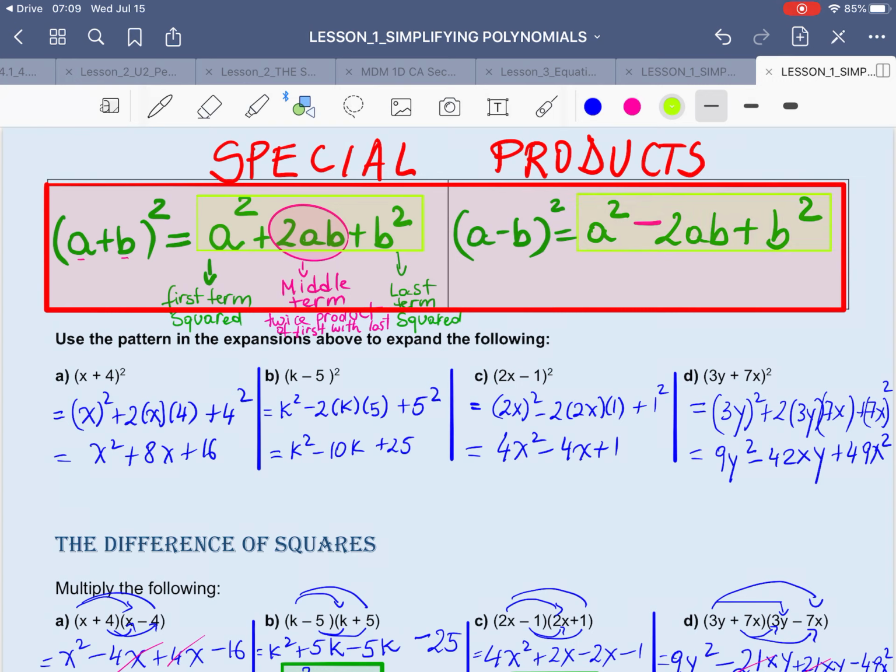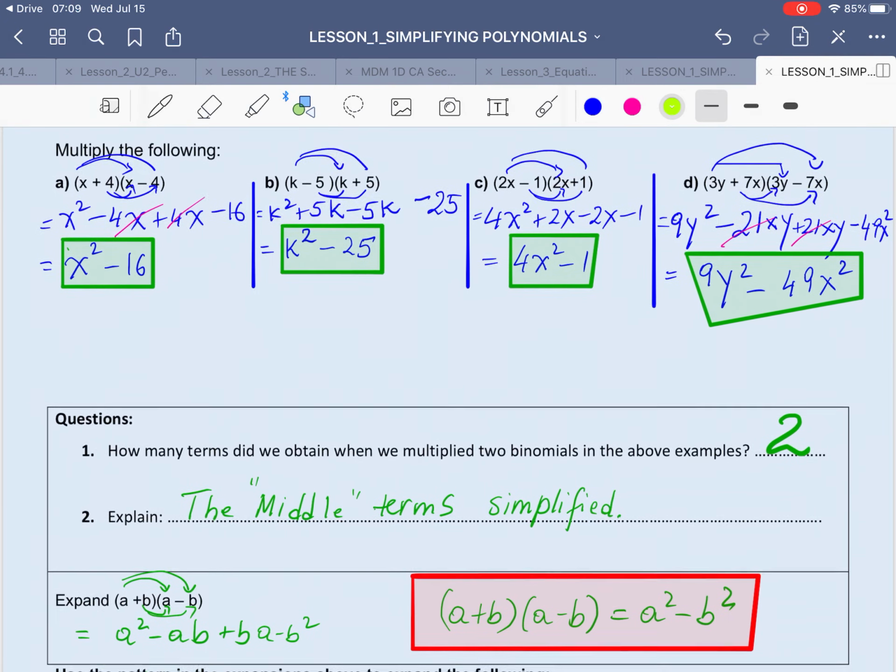Any polynomial or any number that comes from something else squared is called a perfect square. Like 2 squared equals 4, so 4 is a perfect square. A squared plus 2ab plus b squared comes from a plus b squared, so it's a perfect square trinomial. So don't be confused if you ever hear the term perfect square trinomial, because that's the meaning of it, okay?